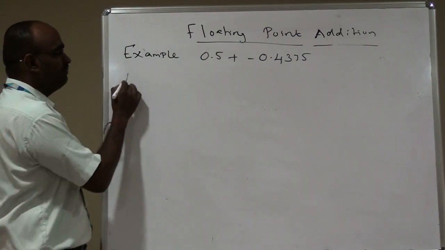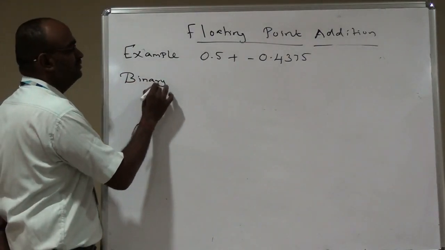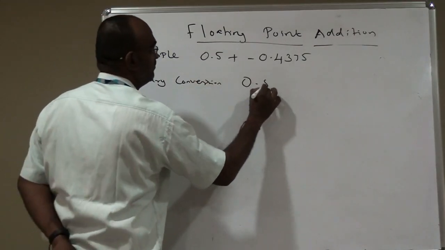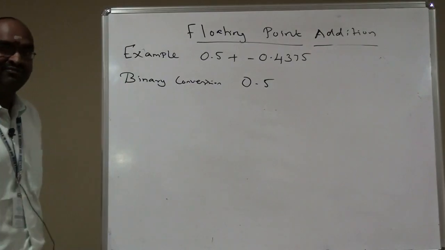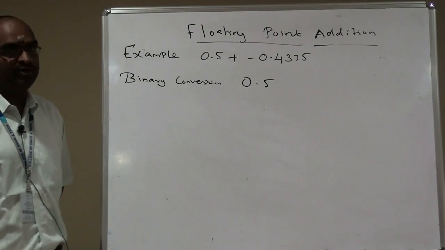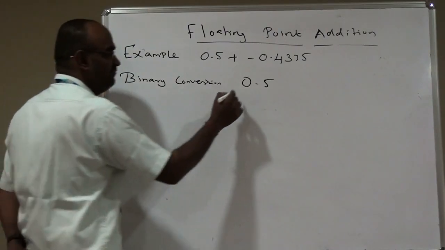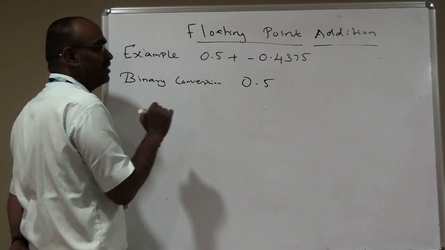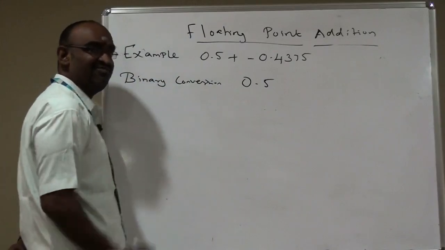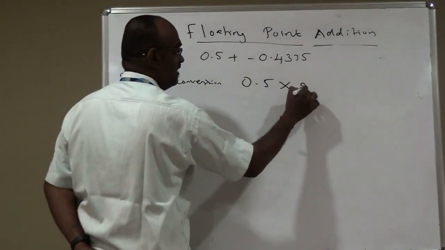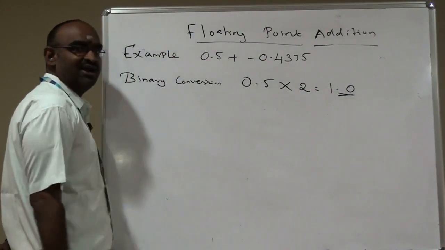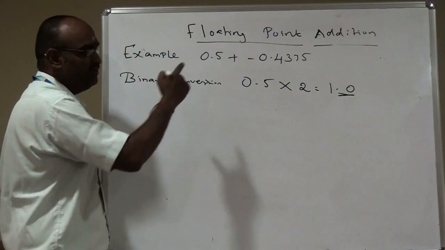So how do we do the binary conversion? Take the first value, 0.5. The whole part is divided by 2, while the fractional part is multiplied by 2 to convert into binary. We take only the fractional part; if there is any value in the whole part, we neglect it. So 0.5 multiplied by 2 is 1.0. Then we take the fractional part again and multiply by 2, but the value here is 0.